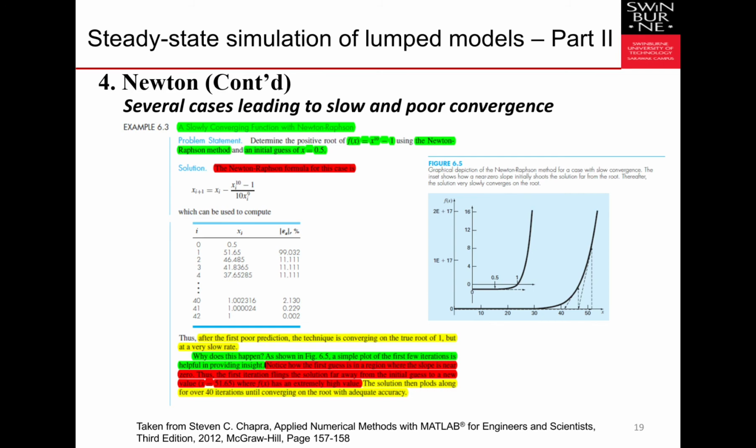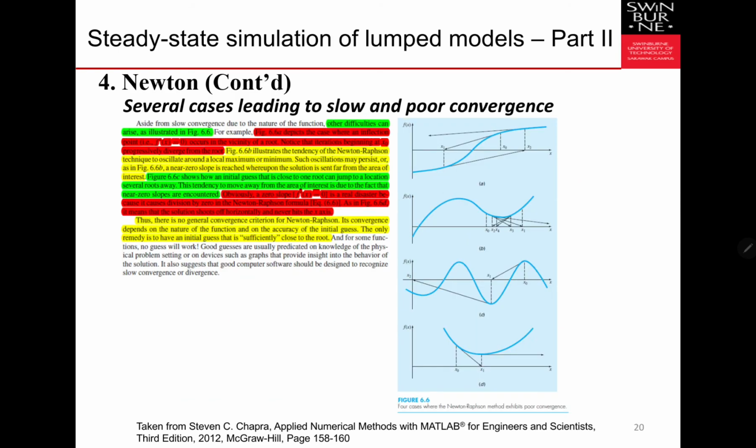There are several cases that you need to bear in mind, where the Newton-Raphson will have a slow convergence. In this particular case, it is because the first guess is near the region where the slope is near 0. That's why the next iteration will flinch into a solution that is far away from the initial guess, to a new value that has an extremely high value.